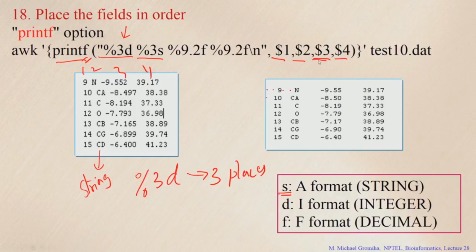What is $3? A number. This is a decimal. Decimal means we have some numbers plus some decimals, right. Then we need to specify how many digits we require after the decimal point, right. So, we can use the same F format as in Fortran. So, here also use F 9.2.